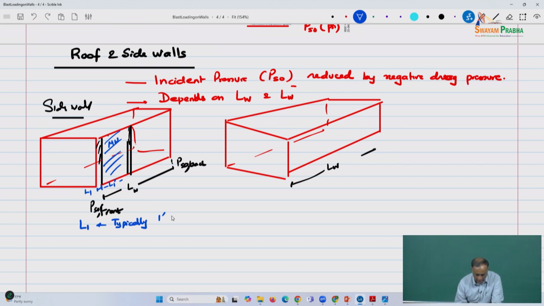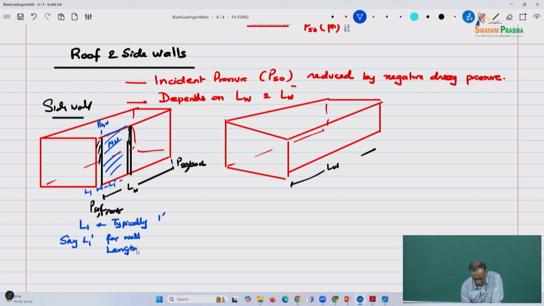So if you're designing the wall, you might start the side-on pressure here, PSOW, and then consider L1 prime to be, again subjective, the length of the wall. What you're doing there is averaging. By considering a longer L1, it averages across the wall.